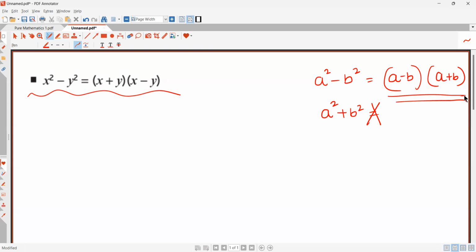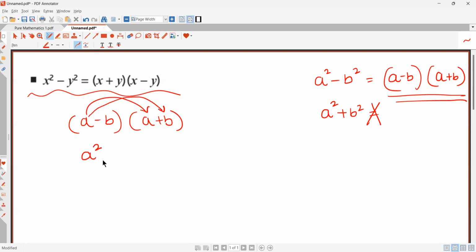Do you want to prove why it is like that? Let me show you the proof. Why are they equal to each other? If I do (a minus b) and (a plus b), and open it with the FOIL method, which we were doing last time: a multiplied by a is a square.